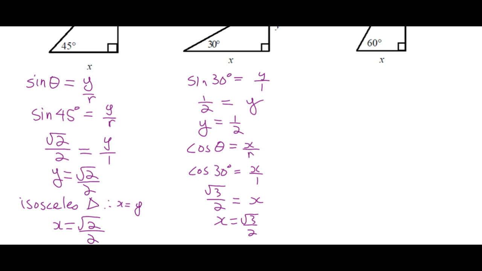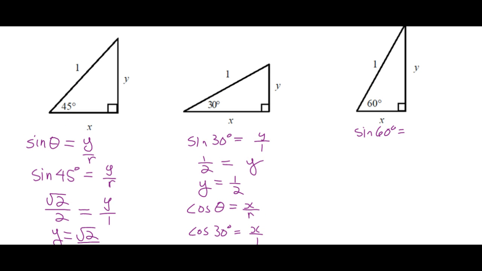And now let's go look at 60 degrees. Okay, so the sine of 60 degrees. So basically what we're doing here is we're taking pieces of the unit circle, right? Because we made the radius equal to 1, so this is really just a chunk off of the unit circle.